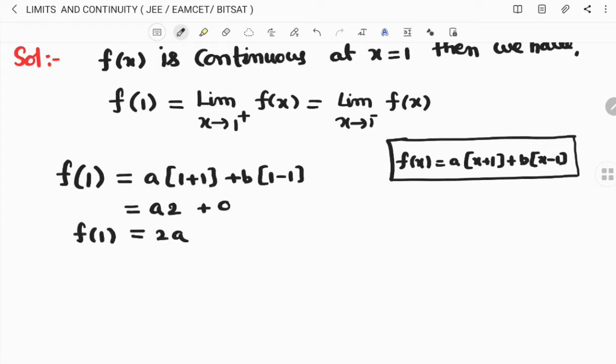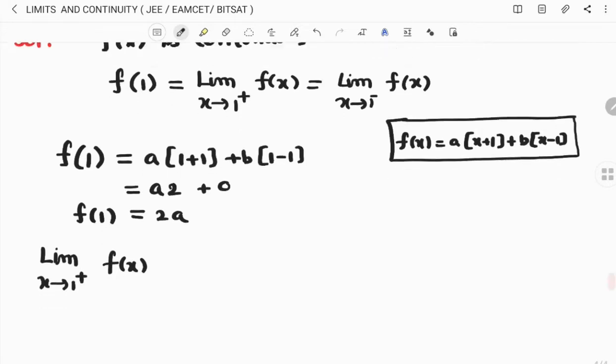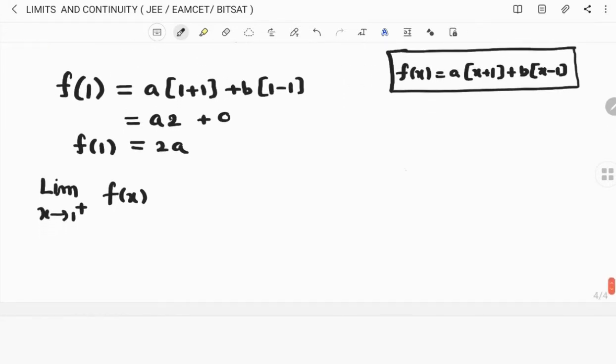Next, limit x tends to 1 plus f of x. So first we will discuss the values as x tends to 1 plus. X tends to 1 plus means x is greater than 1. I am considering the value x is equal to 1.5.